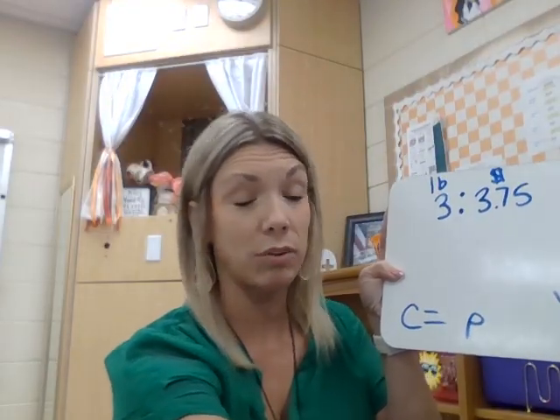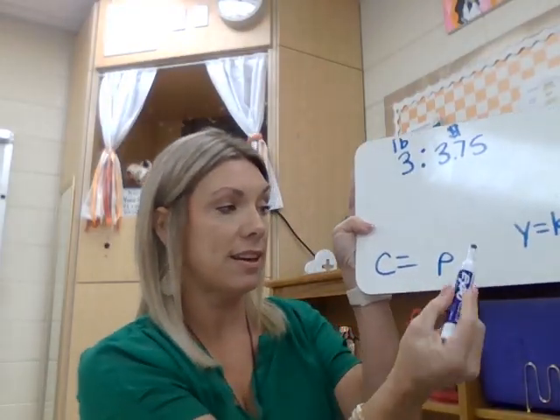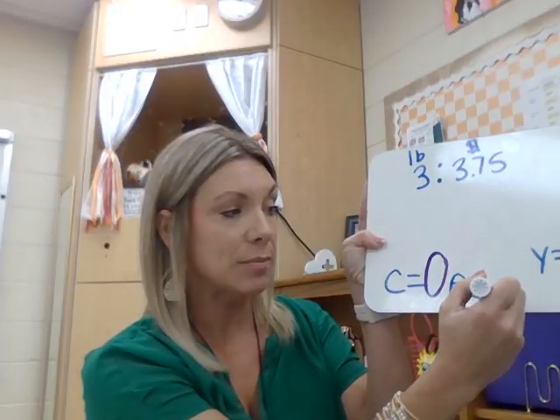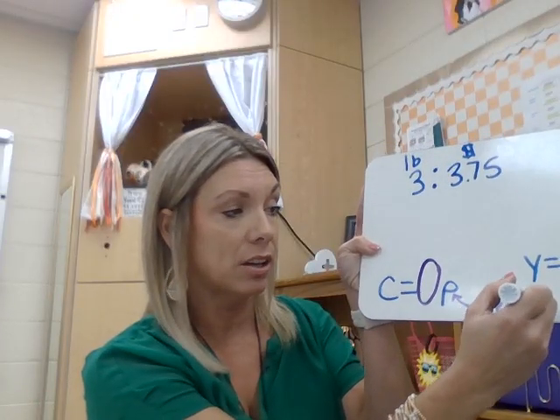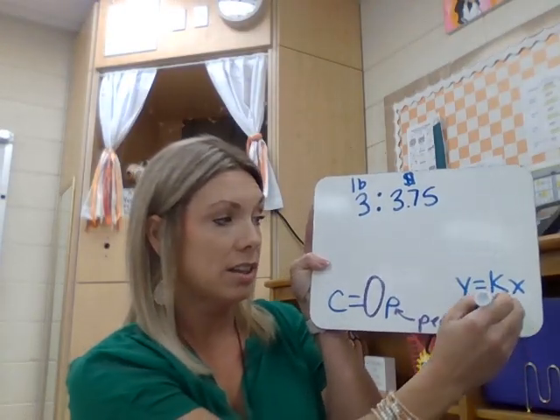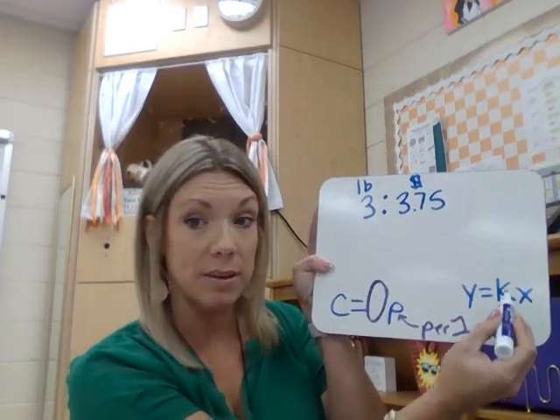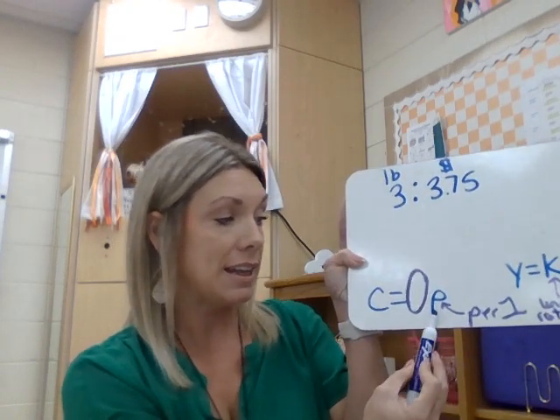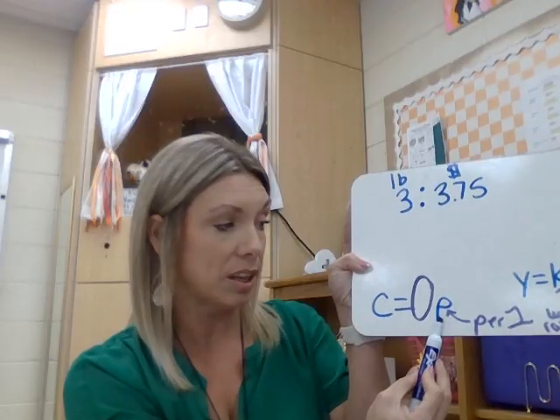Remember that whatever variable is on the side of the constant of proportionality here, that is going to be your per one of something. Remember, your X is always your per one here. This is where your unit rate is going to be for the K, unit rate or constant of proportionality. Let me write it down, unit rate or constant of proportionality, same thing. And this means per one of something, right?